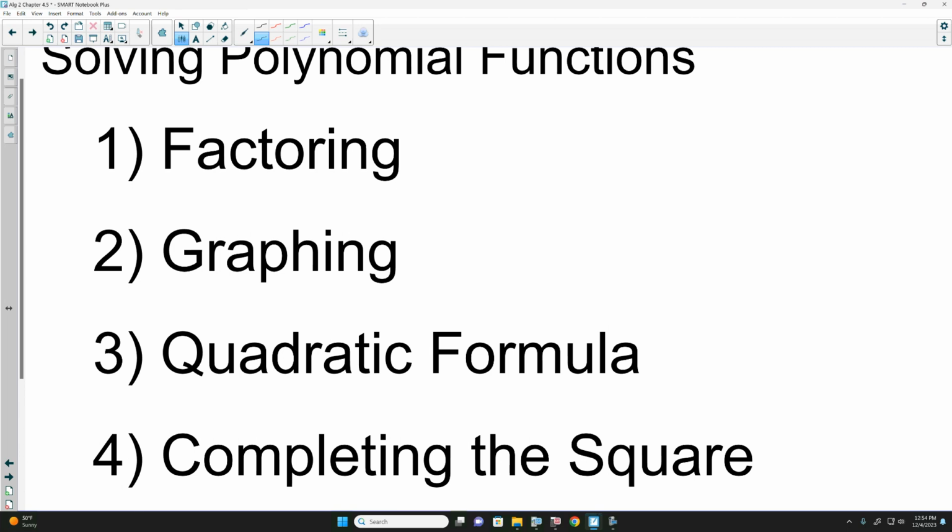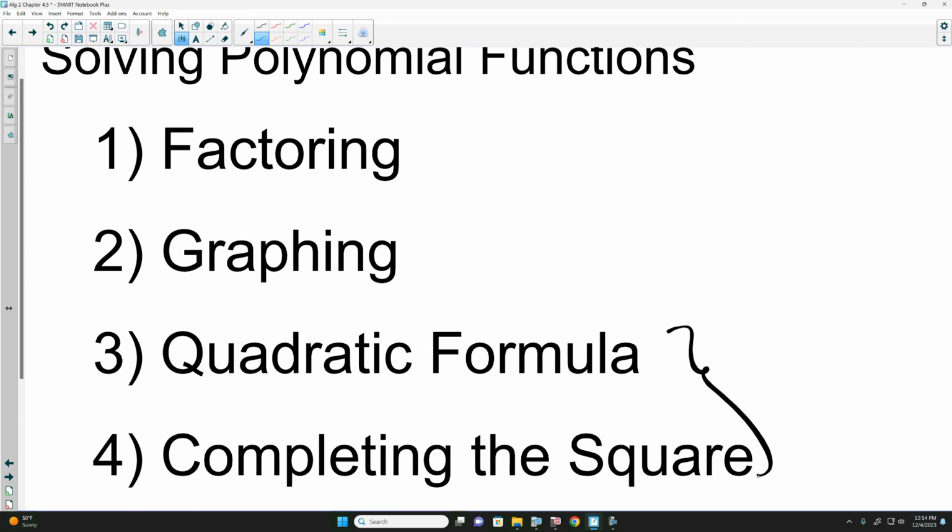The second way we had was graphing. With graphing, we're looking for what values of x make the equation equal 0. And we can use those to determine the solutions, or really it tells us those are the solutions. And the last 2 ways that we had were the quadratic formula and completing the square.